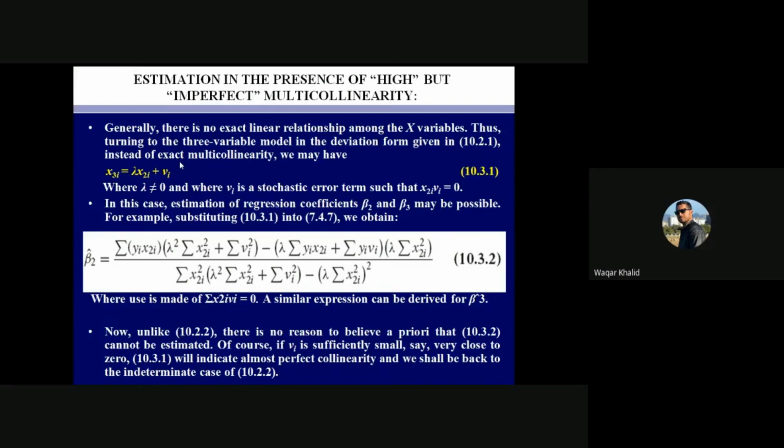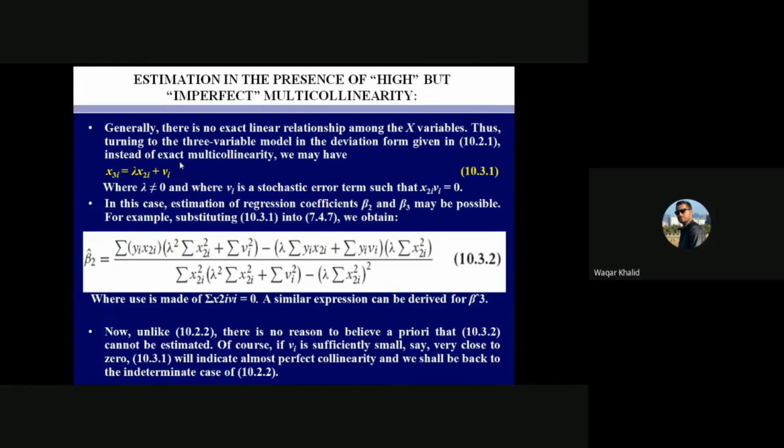But the whole summary of the discussion is that if the value of vi is sufficiently small, very, very small, then we will go back towards the previous case, and we cannot estimate the value of beta 2 and beta 3.